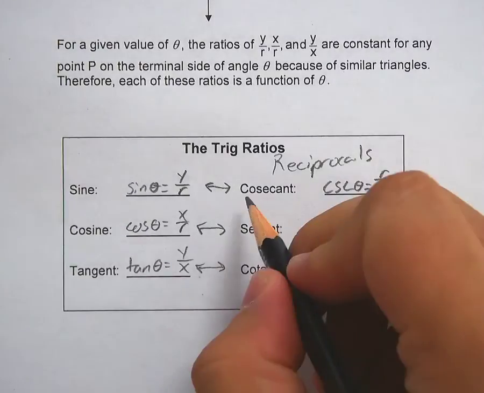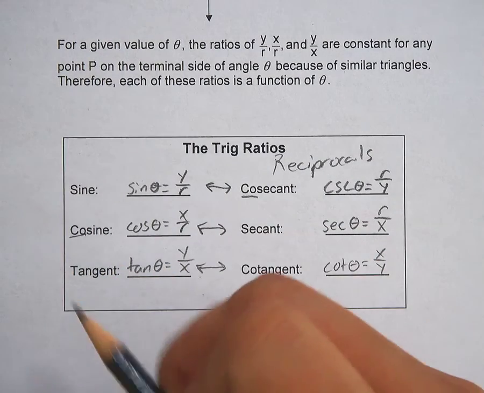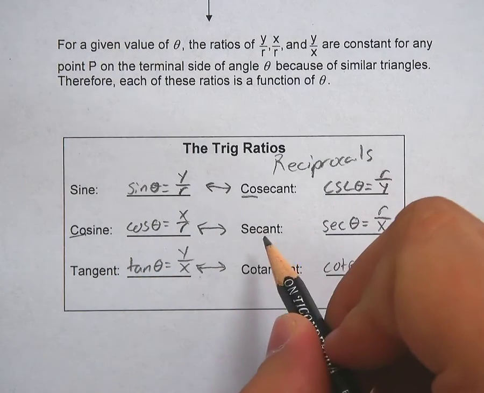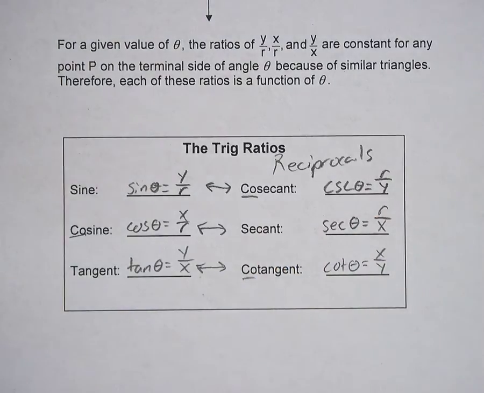You've got sine and cosecant. You've already got a co in cosecant, so cosine and secant, right? Tangent and cotangent. So each group can only have one co. That's kind of how I remember this. All right, so you've got sine, cosine, tangent, cosecant, secant, and cotangent. Your trig ratios.